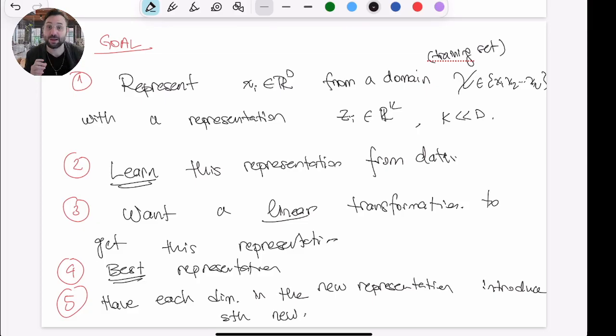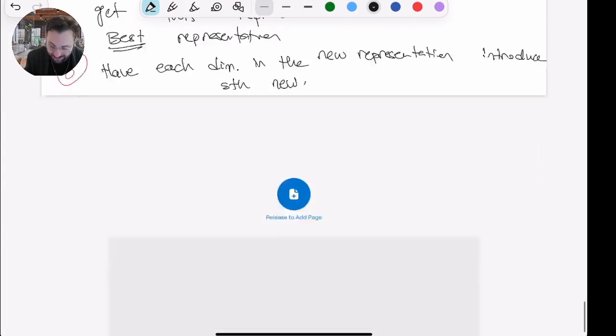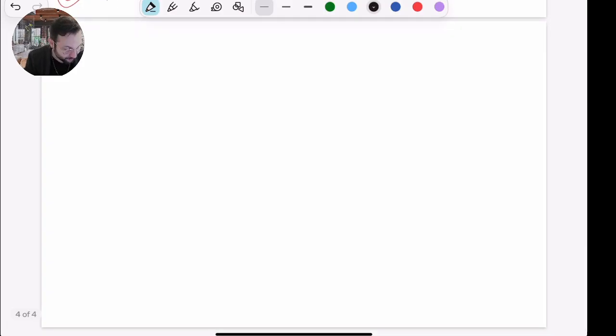I mean, this time I would like to find such new dimensions, k of them, such that they are not collinear. Maybe they're better than that. Maybe they're orthogonal. If they are orthogonal, then that would really be amazing. So that's my goal, and I would like to find this projection.